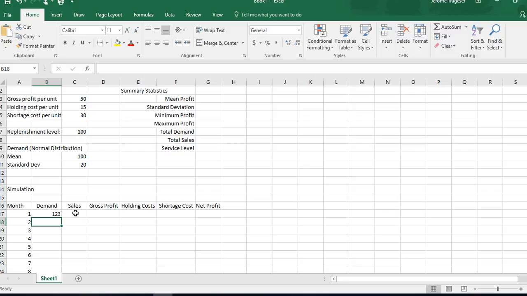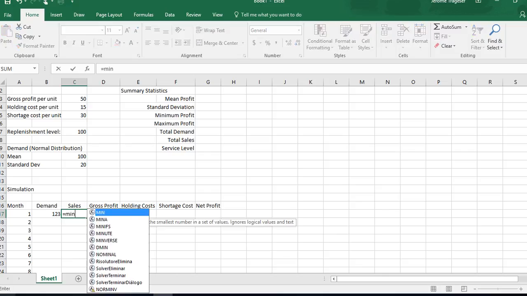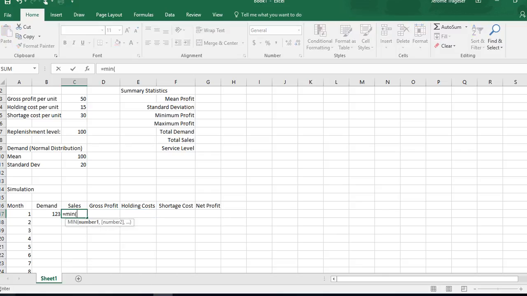Now we can move on to sales. Now with sales, we're going to need to take into account the possibility of a stock out. So we're going to use a minimum function here. What we want to know is the smaller value between the demand and the replenishment level. And remember, the replenishment level is the number that we have in stock. Okay, so sales is going to be equal the minimum of what my demand was, so my cell on the left, or my replenishment level, the 100.